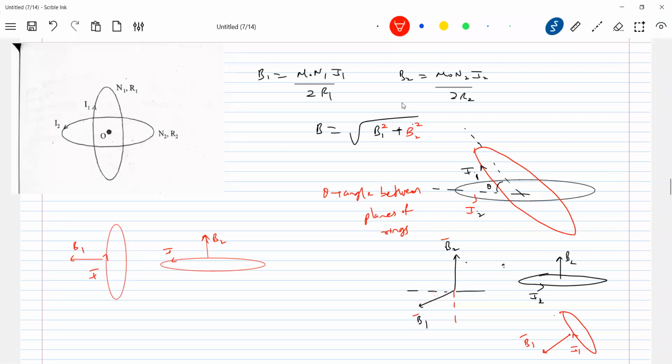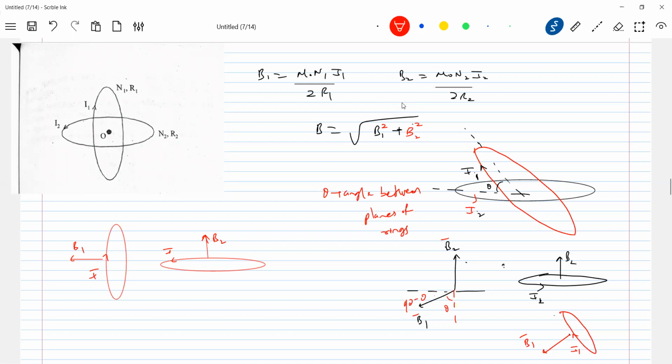This should be the 90 minus theta. So this will be theta actually. So the angle between them is 180 minus theta. Then write the vector form, B1 square plus B2 square plus 2 B1 B2 cos of 180 minus theta, and solve the problem.